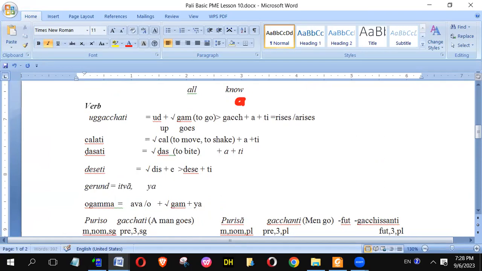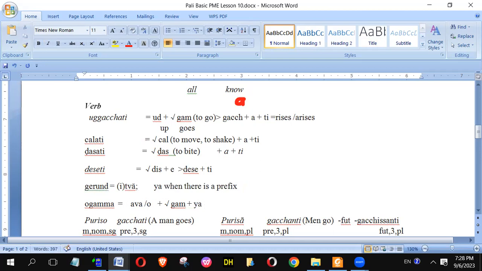Ya is only when there is a prefix, okay? So itua is not all the time you must put I, so we put a bracket here. Gerund means itua or ya. Ya is when there's a prefix.